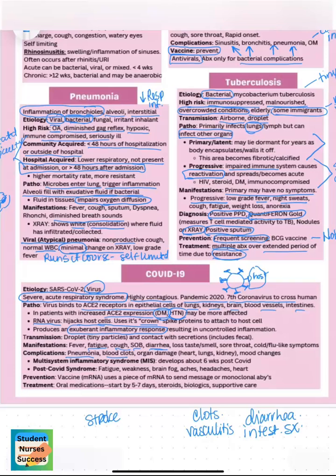Now, there's a couple long-term complications that are very unique to COVID. One is MIS or multi-system inflammatory syndrome that can develop about 6 weeks after a COVID infection. And the people who develop MIS, they may have had a documented COVID infection, they may have had a mild COVID infection, or they may have been asymptomatic for COVID.